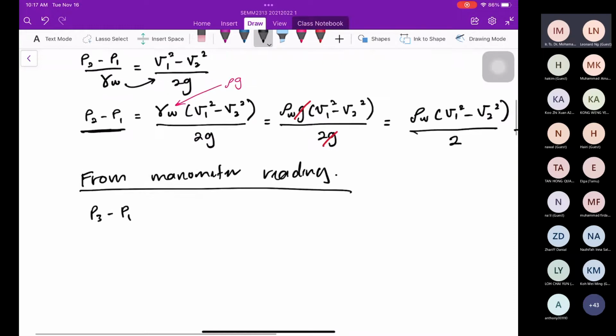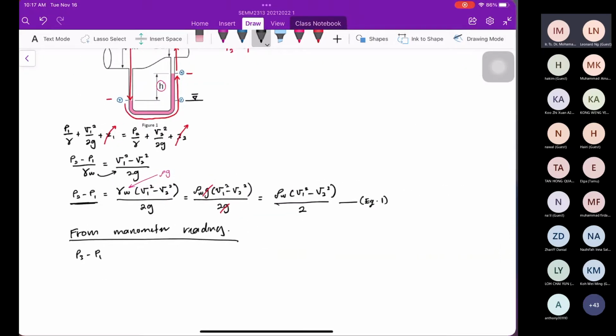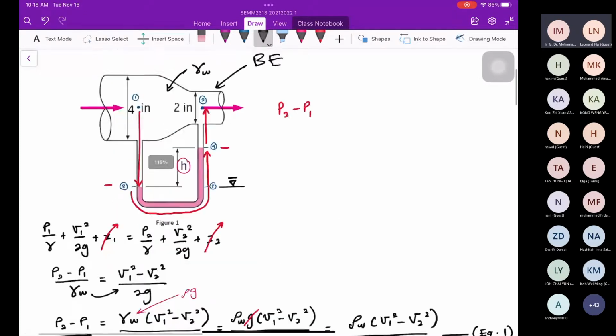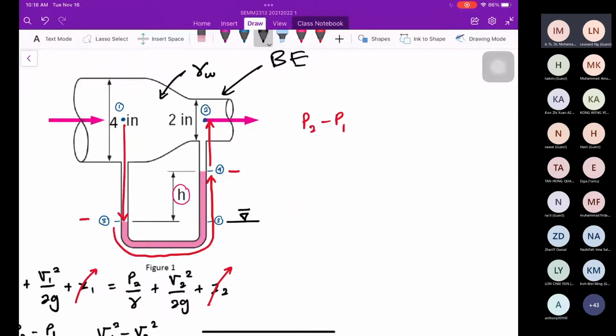So P3 minus P1 equal to rho of water times g times (Z3 minus Z1). So this is negative rho of water g. What is the value of Z3? And what is the value of Z1? Class?